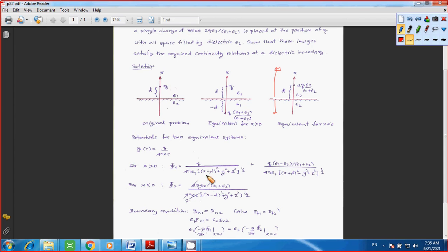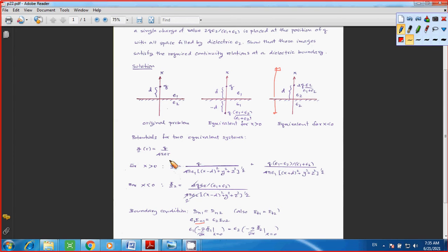And you consider only the x component here, because it's normal to the boundary. So you simply differentiate phi with respect to x, and you take x equal to 0.